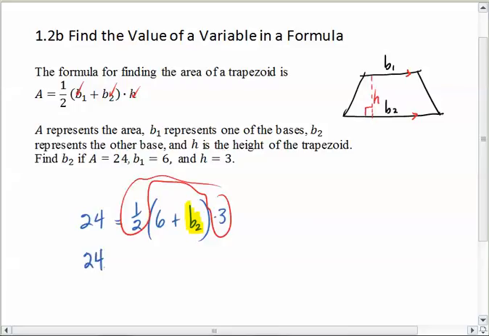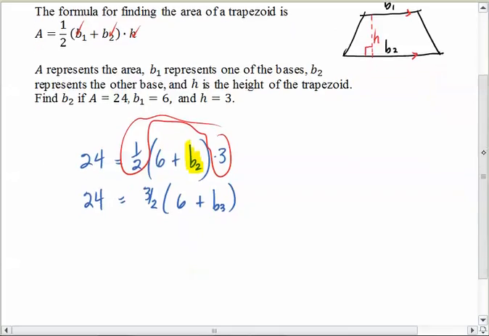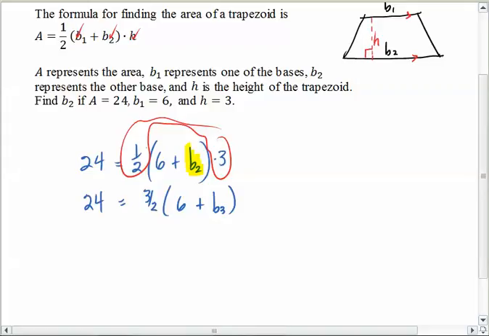And I'm allowed to do that, right? I can change the order as long as there's multiplication between. That's the commutative property of multiplication. So that's a 1/2 times that parentheses times 3. Well, I can multiply the 3 times the 1/2 and get 3/2. And that still times the parentheses.